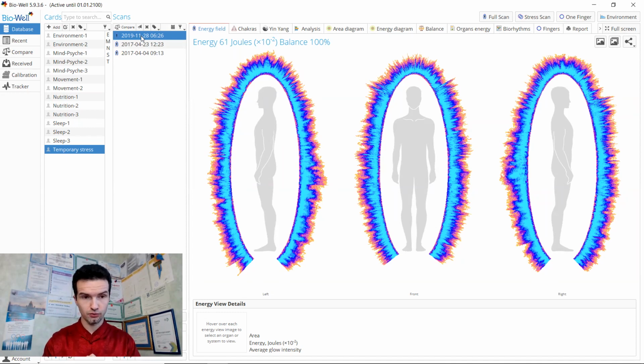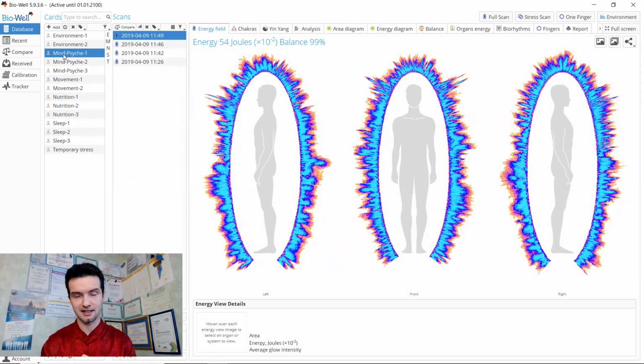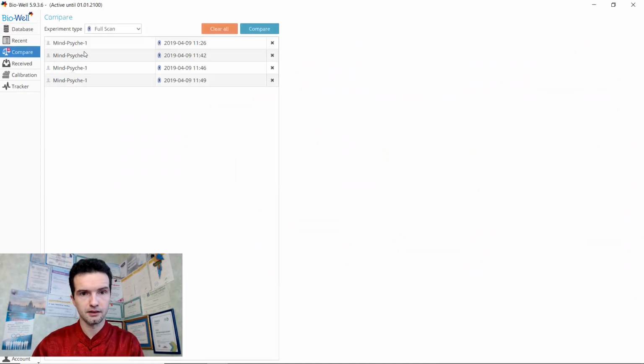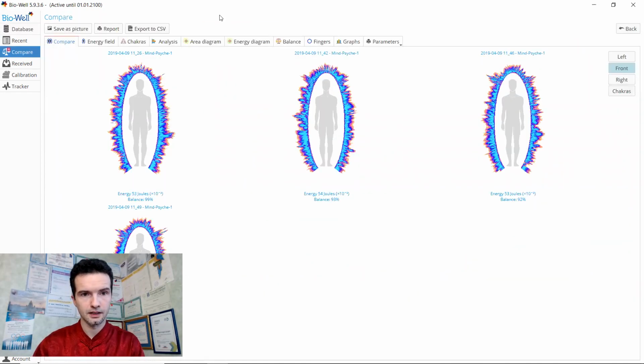So let's go to the first topic, the mindset and psycho-emotional state. And here we have the first case. This person has been scanned 4 times in a row. We can send this to compare and then look at these scans.